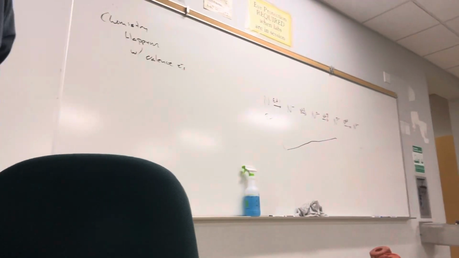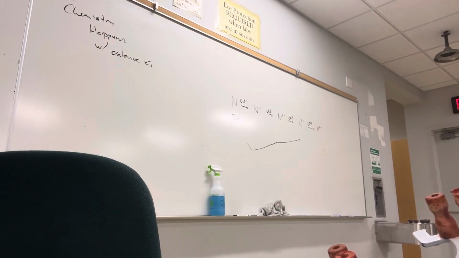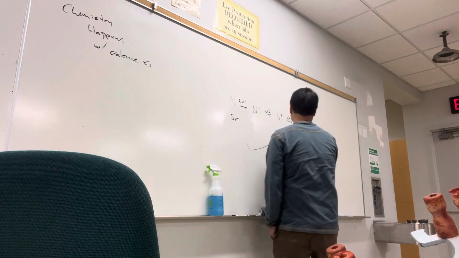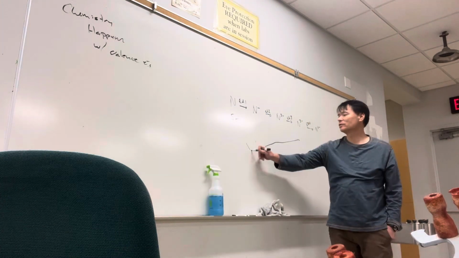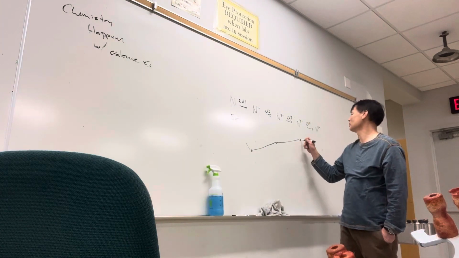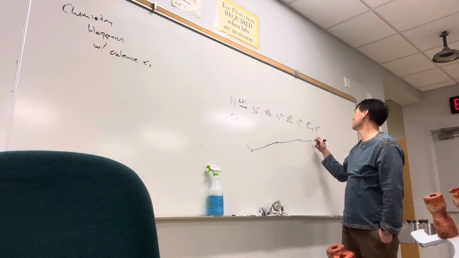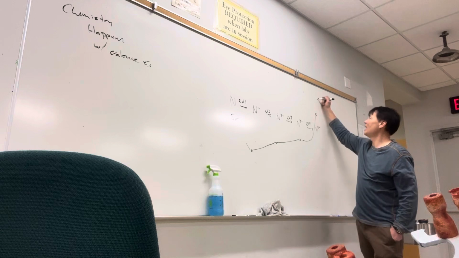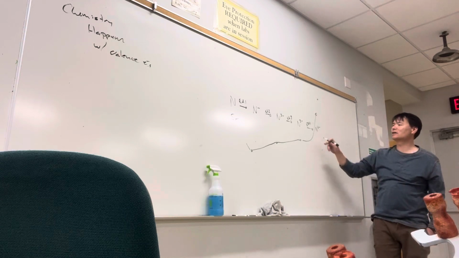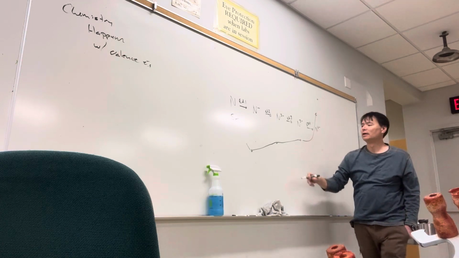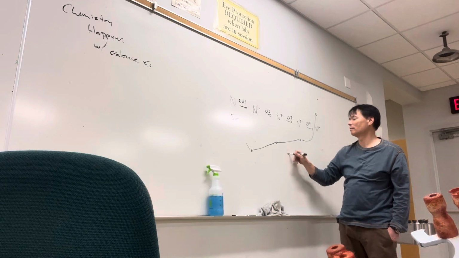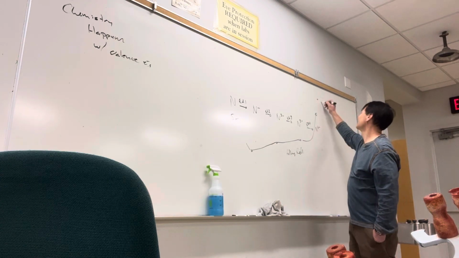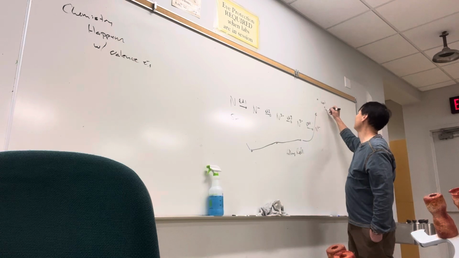It would have to go in the next shell. Going in the next shell is going to cost you a lot of energy. So it's reasonable to put the first electron, the second electron, the third electron, but to try to put the fourth electron in there, it's going to climb high in energy because this electron is going to go in the next shell. And so this is filling the shell, and then this goes in the next shell, which is going to be unfavorable.